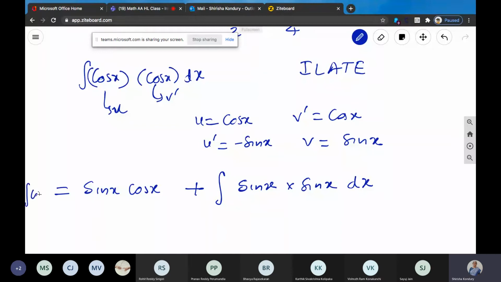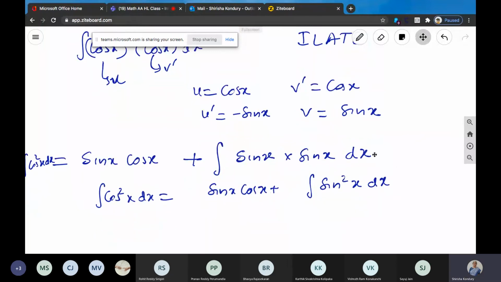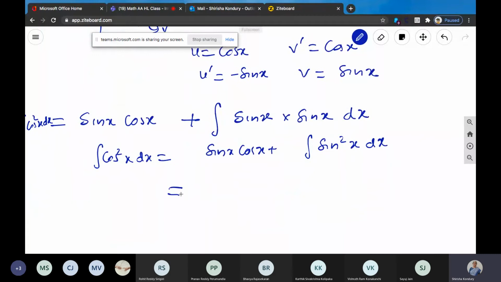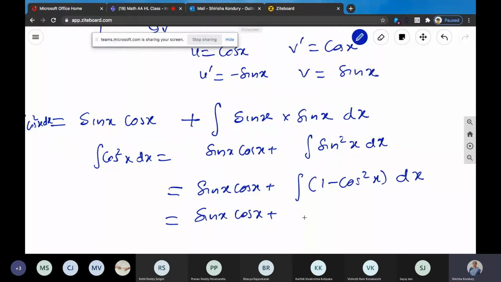I was integrating cos square x dx, if you remember. Okay. So my integral of cos square x dx is sin x cos x plus integral of sin square x dx. Not yet achieved anything. Okay, but let me write this further as plus, I'll write sin square x as 1 minus cos square x dx. Okay, and then split this up.